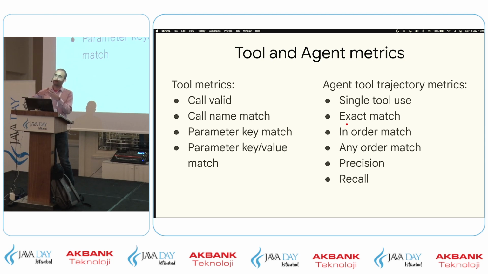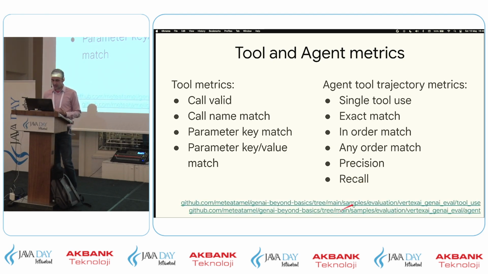Let's say you have an agent calling tool 1, tool 2, tool 3, tool 4. You want to make sure that it's called in that order, or maybe in any order. You don't care what the order is, but you want to make sure that they are called, and you want to measure their precision and recall and stuff like that. There's a lot of different things you can measure here. I have an example again of this in tool use and agent.